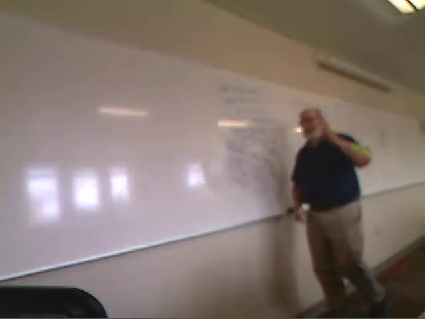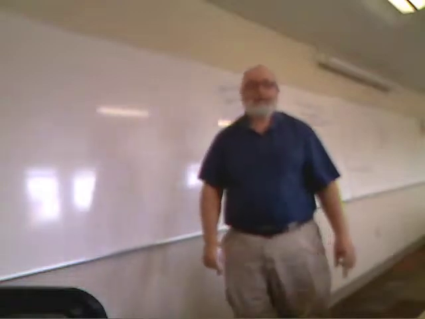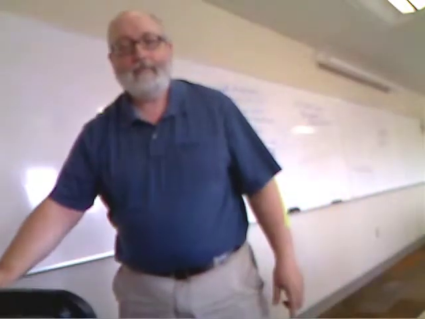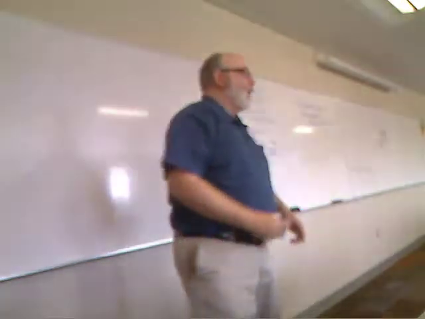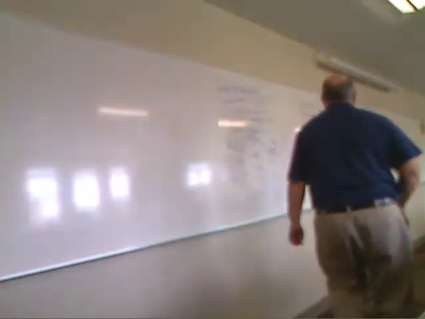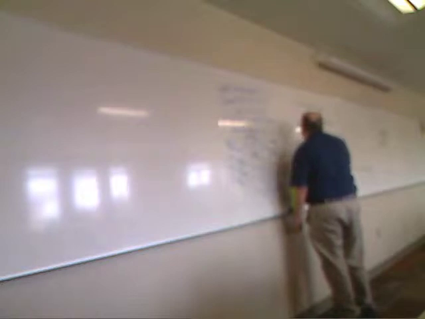Well, first of all, what do we always start with when we're doing hypothesis testing? Null and alternative hypotheses. So the null hypothesis for goodness of fit is that our population proportions fit the ones given to us.